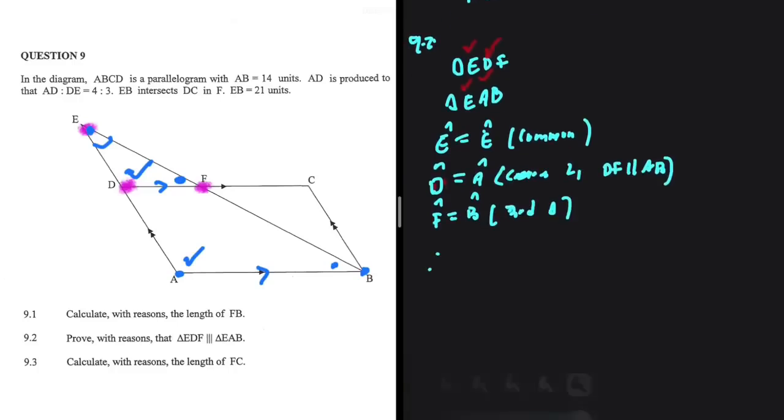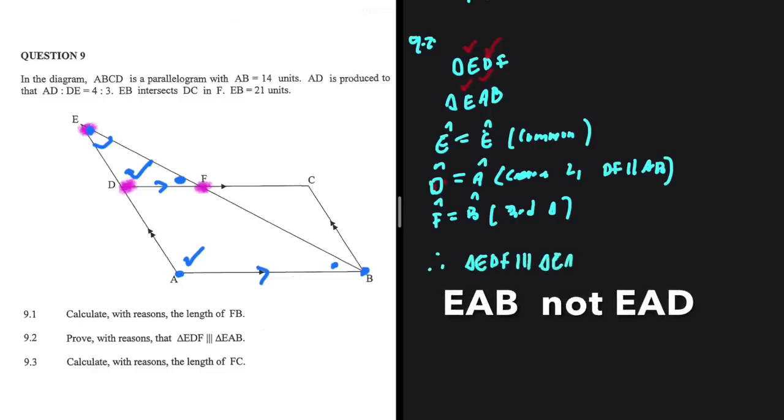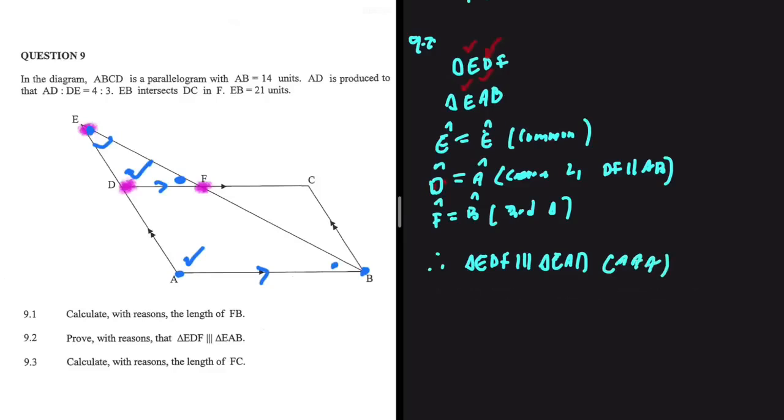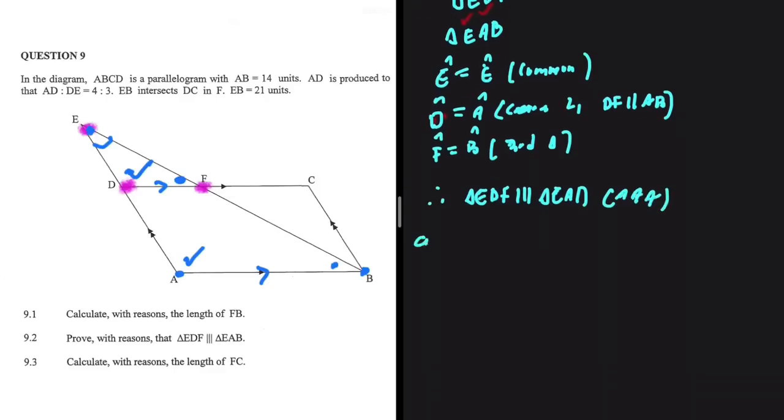So now we can conclude that triangle EDF is similar to triangle EAB. Angle, angle, angle. That is 9.2.